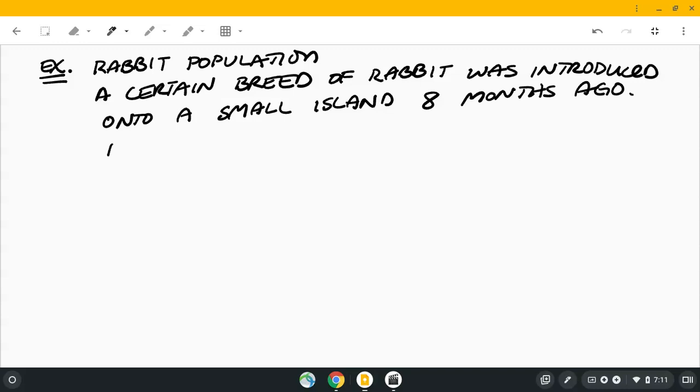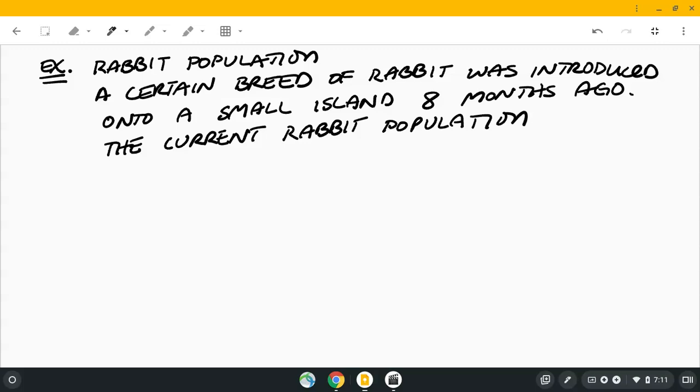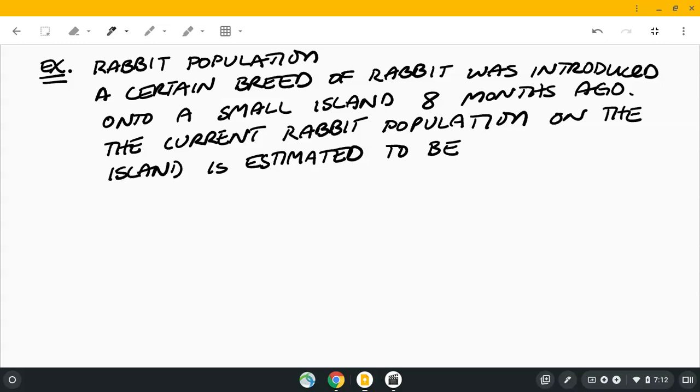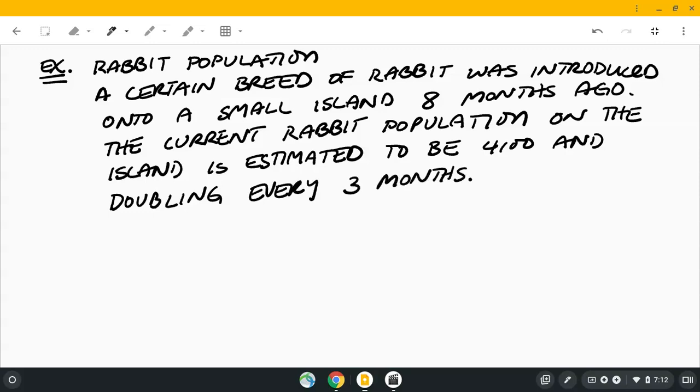The current rabbit population on the island is estimated to be 4,100 and doubling every 3 months.